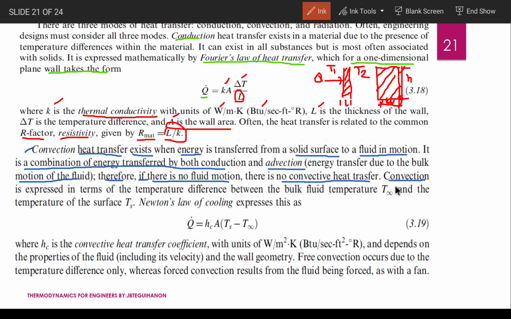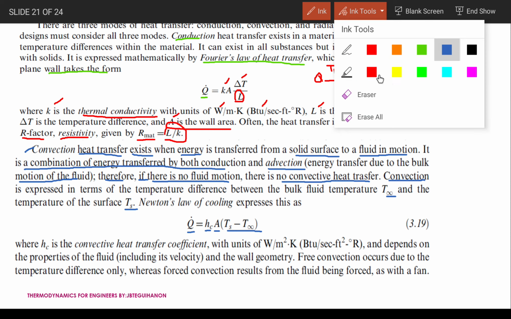So, convection is expressed in terms of temperature difference. Meron pa rin temperature difference, no? And the temperature of the surface. Newton's law of cooling expresses this as Q is equal to H sub C times area times delta T, bulk fluid temperature minus pa rito sa surface temperature, delta T, difference nila.